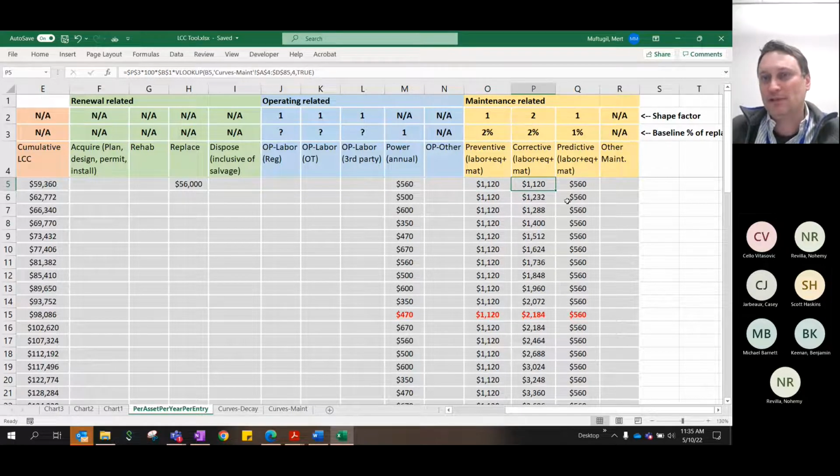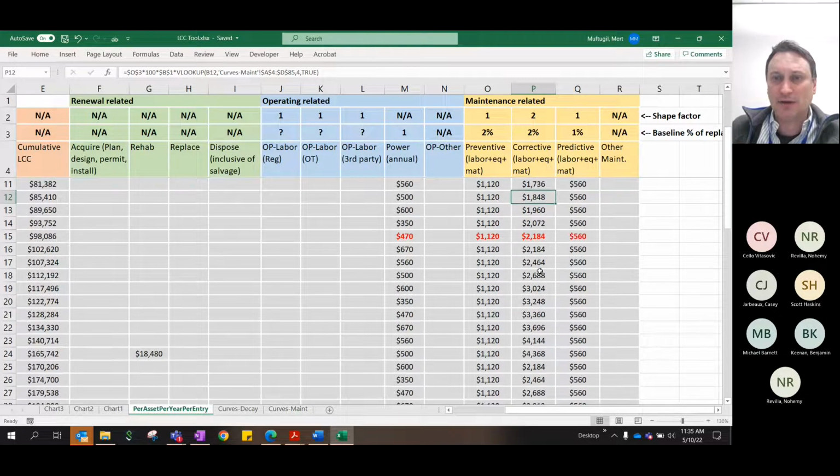Same thing for corrective, same thing for predictive, except corrective maintenance, we set it up so that it actually does increase over time. So it starts pretty low, equaling preventive maintenance. But as the asset ages, the annual corrective maintenance cost average is increasing.